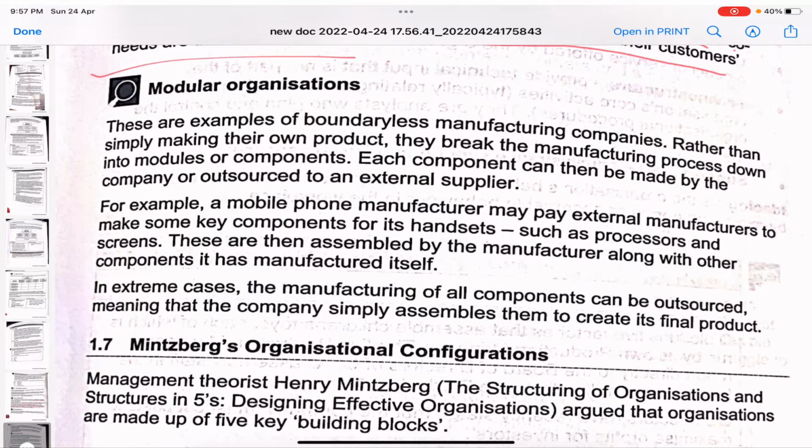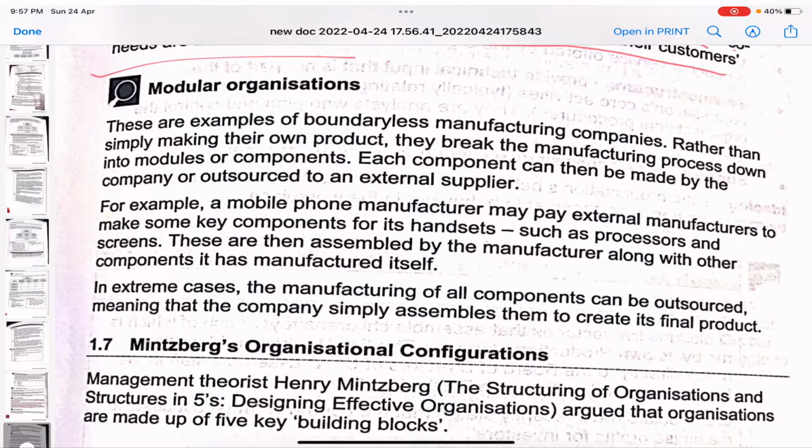But do you think Apple makes the metal? Do you think Apple makes the plastic? Do you think Apple makes the glass of the screen? All that is obviously outsourced, right? So that is what is known as modular, wherein you break the production process and outsource it, and when you get everything, you put in your final input, which is the technology or the software.